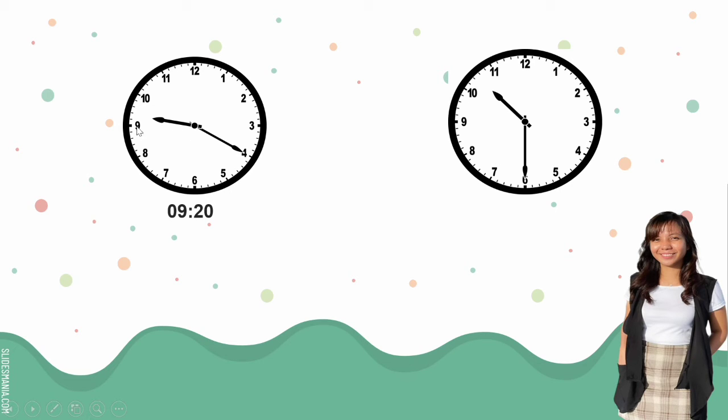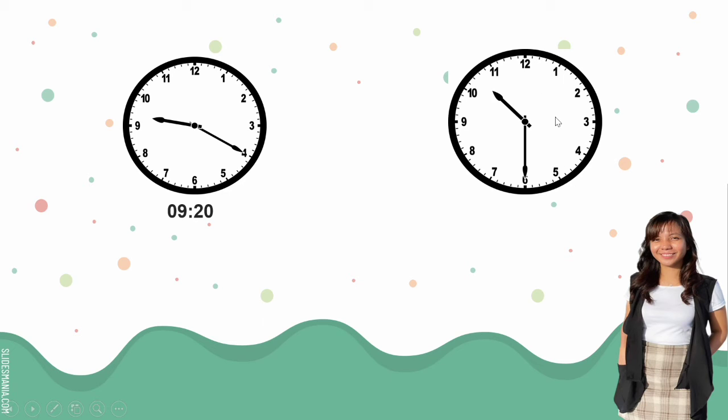The short hand tells the hour, so 9 here. Because it doesn't reach the next number, it's 9. If it's in between, it's still 9. So 9, and then for the long hand, 20.